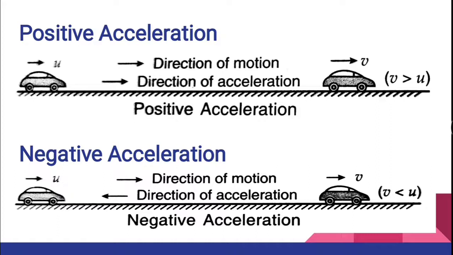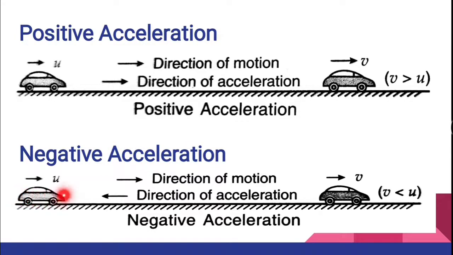So the car is speeding up, and if the car is speeding up, then the direction of acceleration is the same as the direction of motion. So if an object has the same direction of acceleration as the direction of motion, then it possesses positive acceleration.